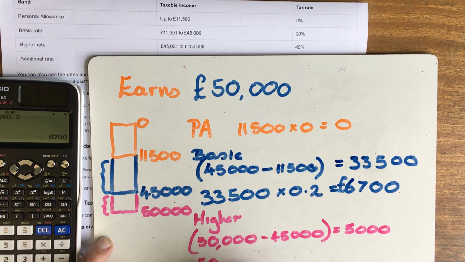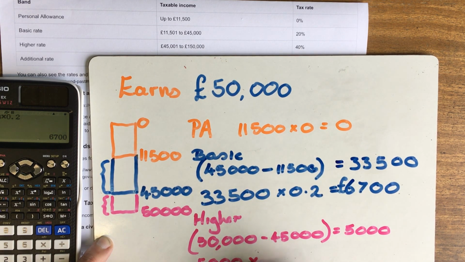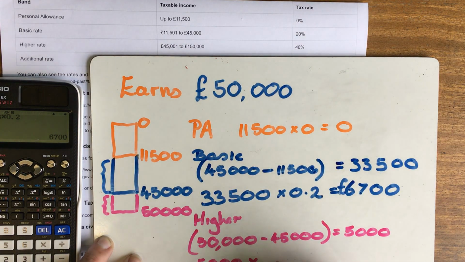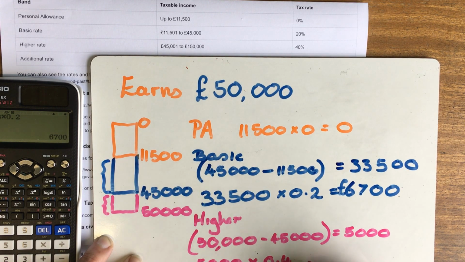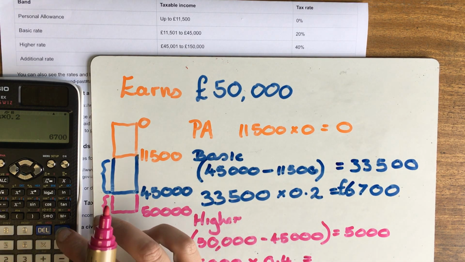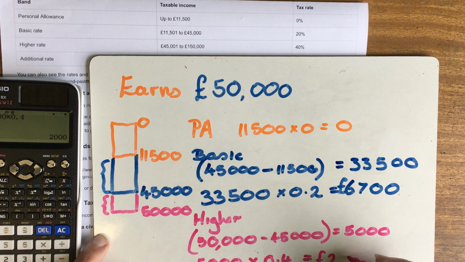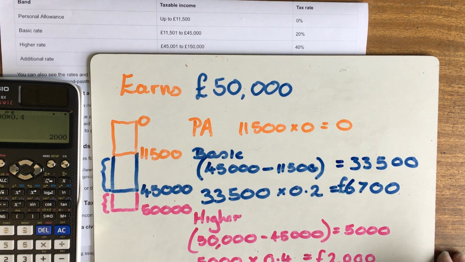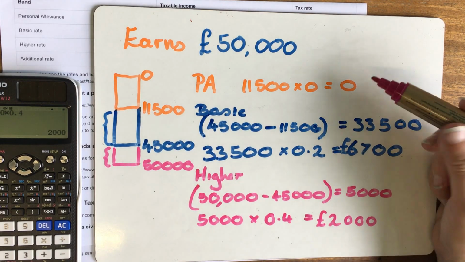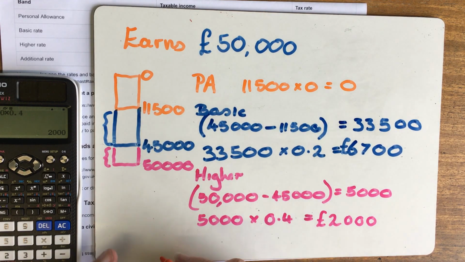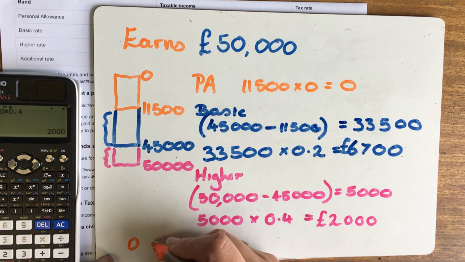So higher rate tax is 5,000 times by higher rate tax, which is at 40%. That's going to be times by 0.4. So we have 5,000 times by 0.4 and that's going to give us a tax bill of £2,000. So our income tax that we are going to have to pay is made up from your personal allowance, which is nothing.